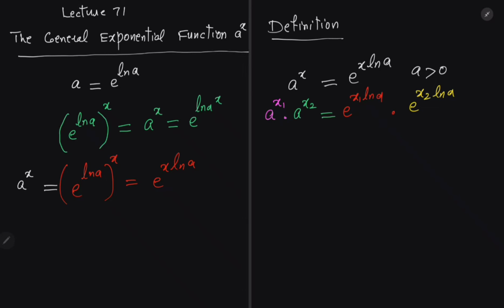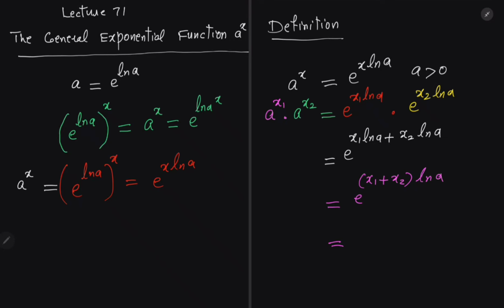According to the laws for the exponential function with base e, we can add the powers: e raised to power x1 natural log of a plus x2 natural log of a. Then it can be written as e raised to power x1 plus x2, taking natural log of a as common.